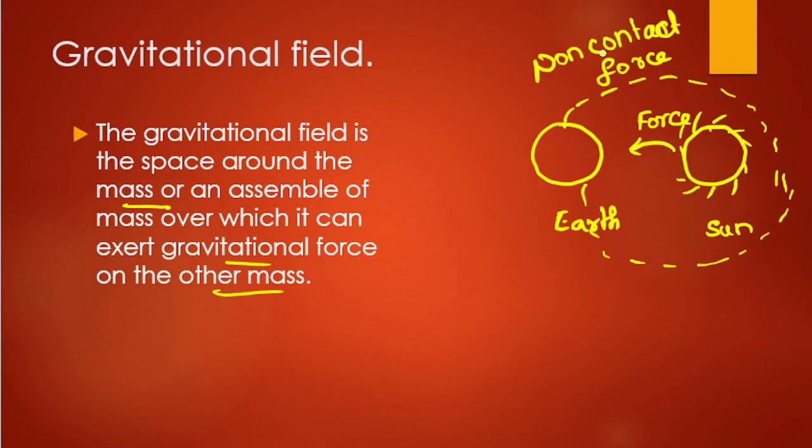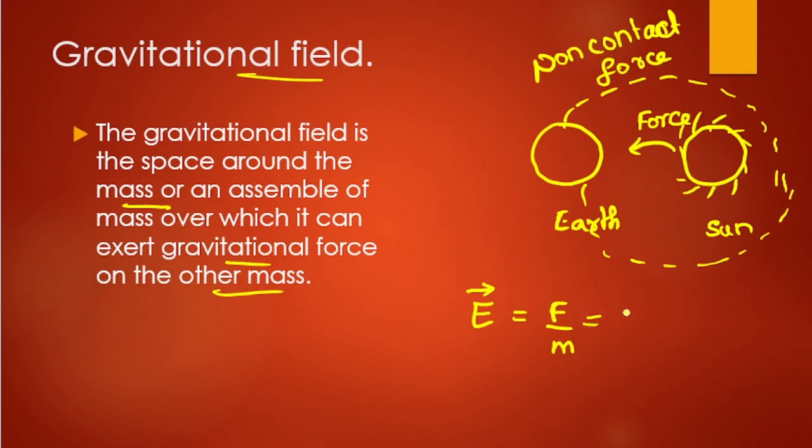So the space around this earth is called the gravitational field. Clear? Your gravitational field is denoted by the letter E. E vector is your gravitational field. Your gravitational field is equal to the force exerted on a mass per unit mass.